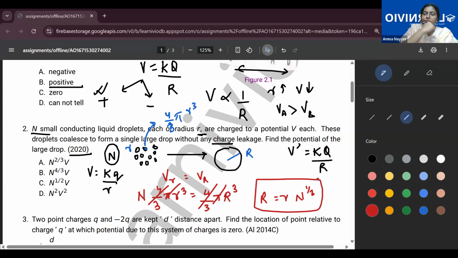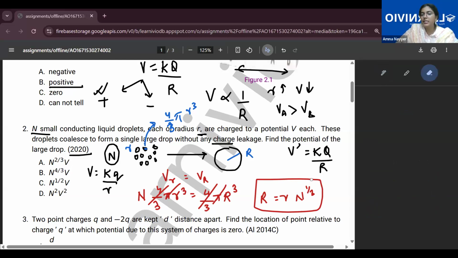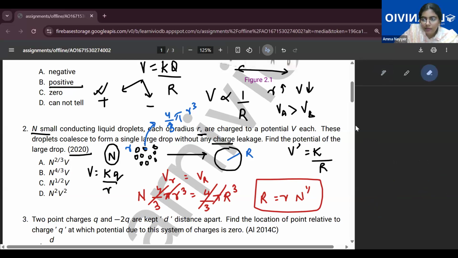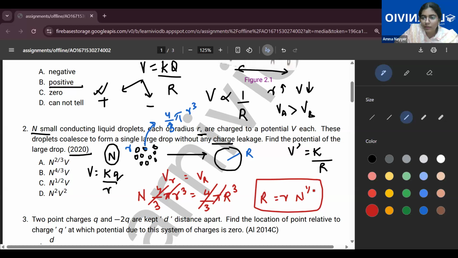Yes, it's 1 by 3, it's a cube root. The marker here is not very good. This is 1 by 3.